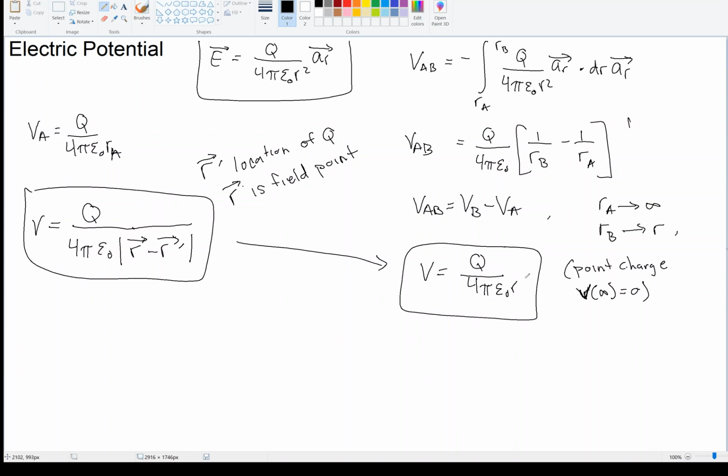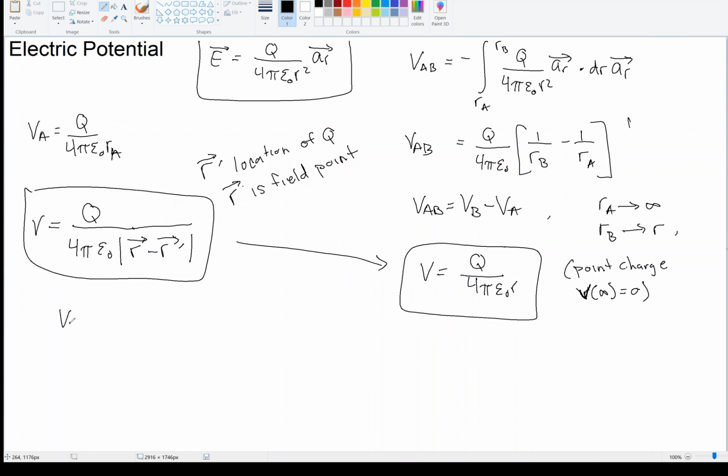So this was due to one charge Q, and if I have a couple charges in space, I can find the potential difference at a point due to one charge, then find it at that same point due to another charge, and then add them up. That's superposition. And then if we had a continuous distribution, then we would integrate over the continuous charge distribution to get the potential difference.